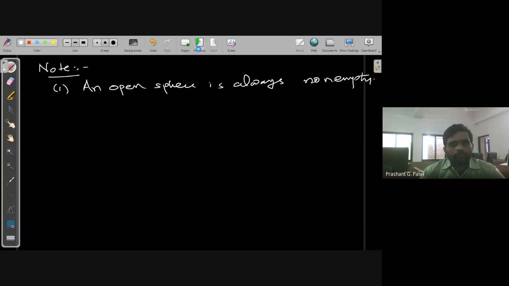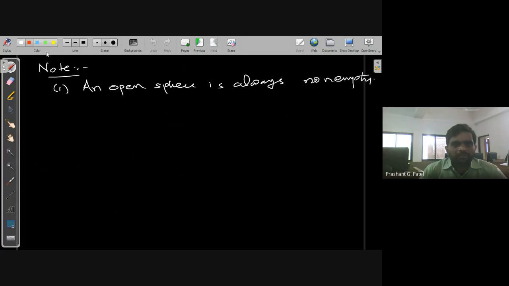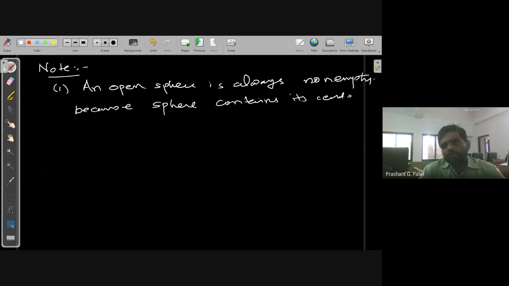Because here your r is greater than 0, so there is always at least one point, that is, the center. We can say that the sphere contains its center. The center will always be in the sphere; it cannot be outside the sphere. And it is always there.